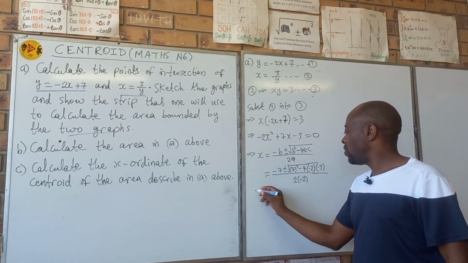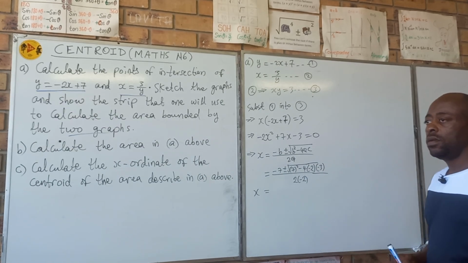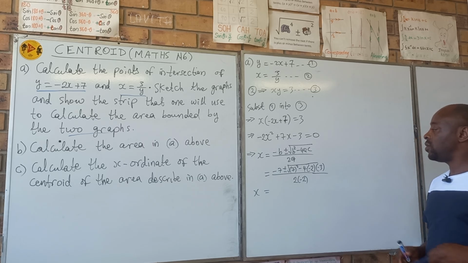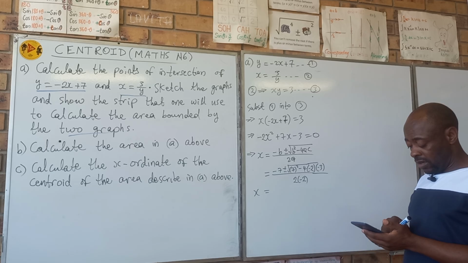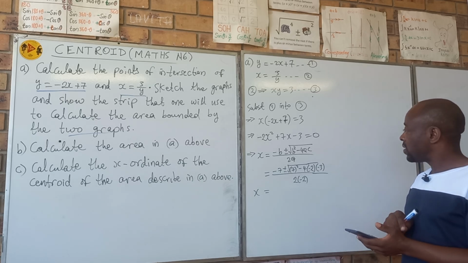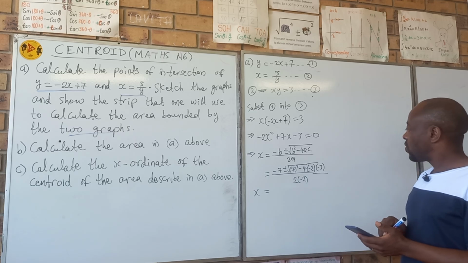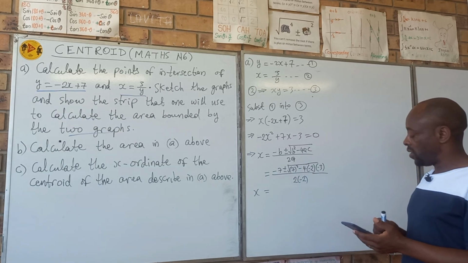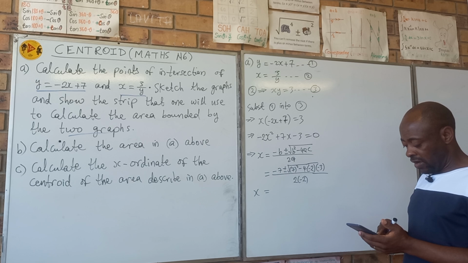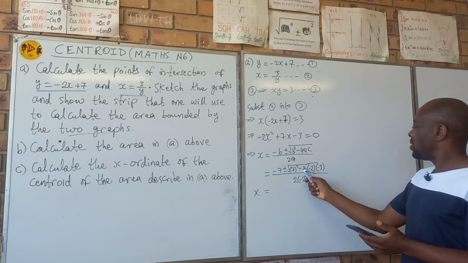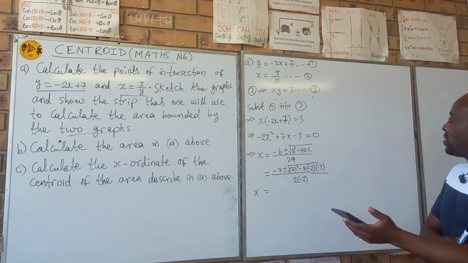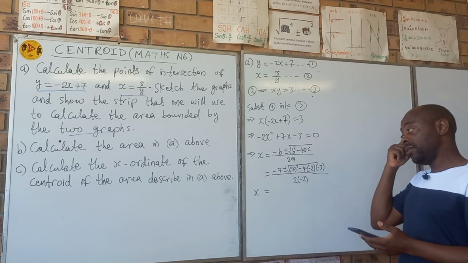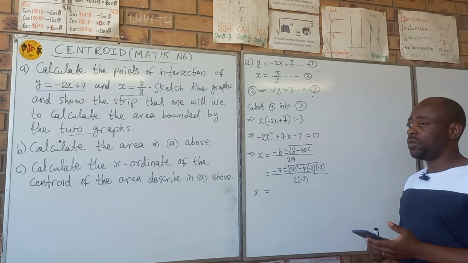So if we now use our calculator, we are going to see the different values of x. Let's start with the first one. I've got negative 7 plus the square root of 7 squared is 49. So I get 49 minus, this is negative 8 times negative 3, which is negative 24.